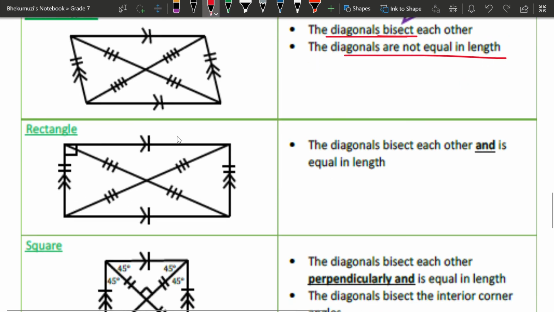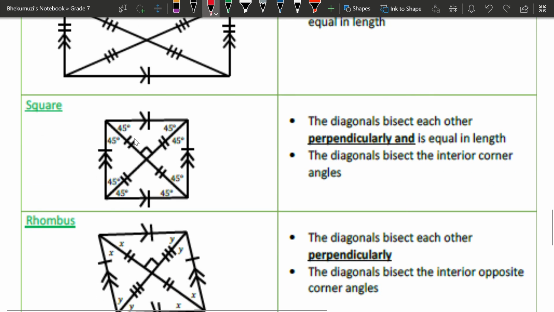So the opposite sides are equal to each other because, as they said, they bisect. And then with the rectangles, the diagonals bisect each other and are equal in length. So all of them are equal in length and they bisect each other, the diagonals. And the diagonals bisect the interior corners as well, right?